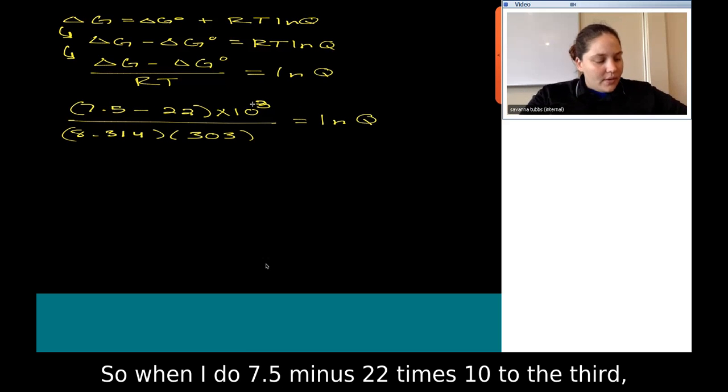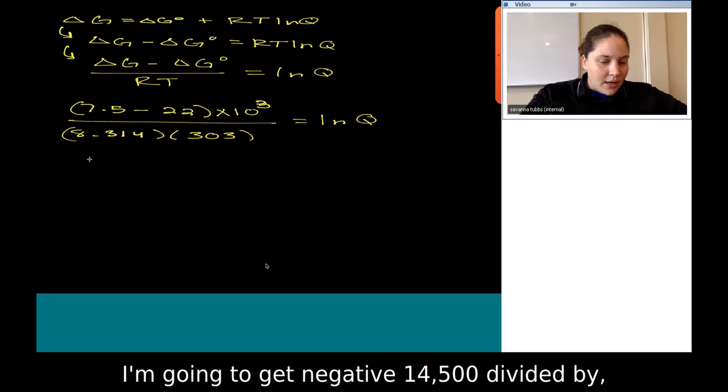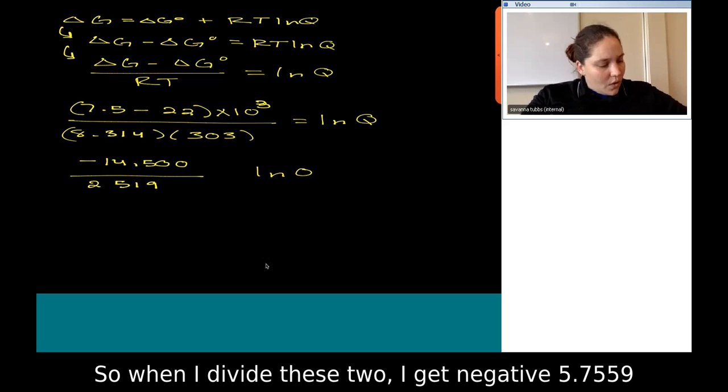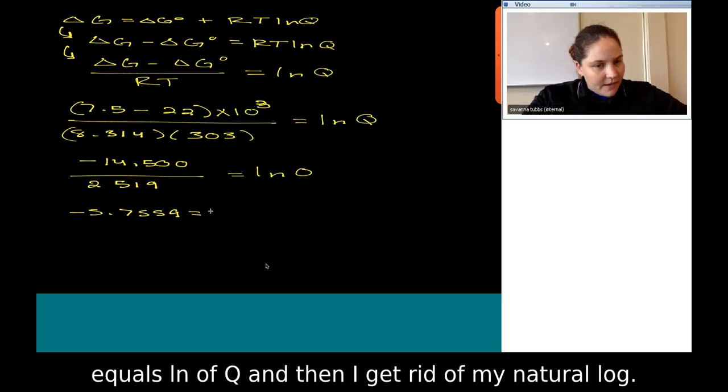So when I do 7.5 minus 22 times 10 to the third, I'm going to get negative 14,500 divided by, when I do 8.314 times 303, I'll get 2,519 equals ln of Q. So when I divide these two, I get negative 5.7559 equals ln of Q. And then I get rid of my natural log.